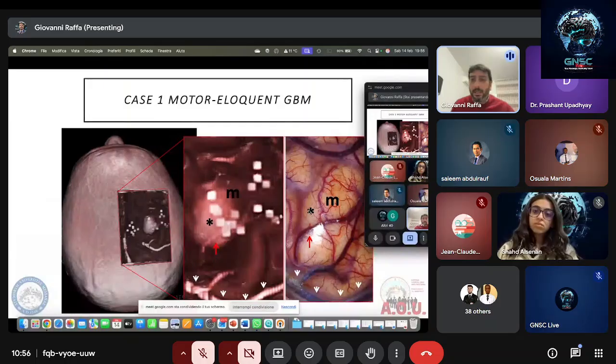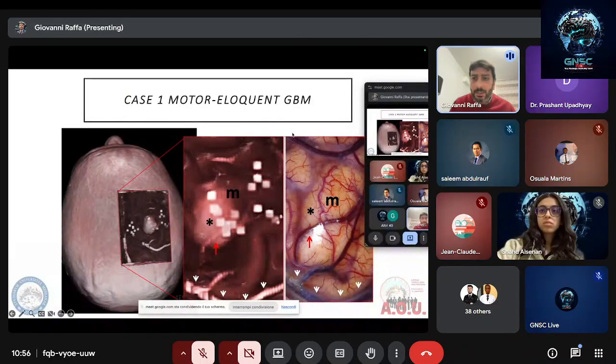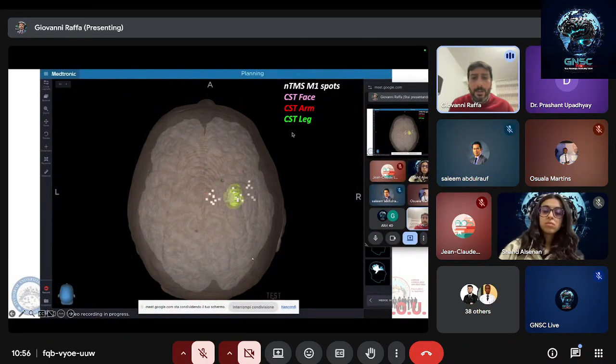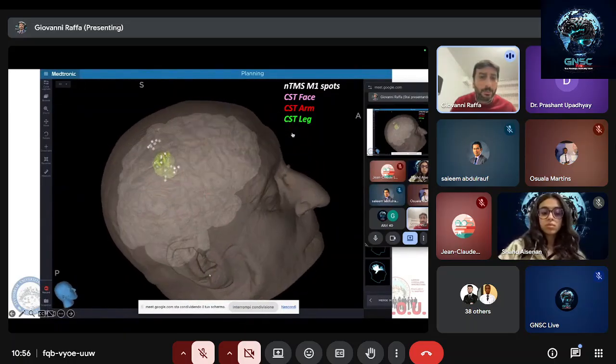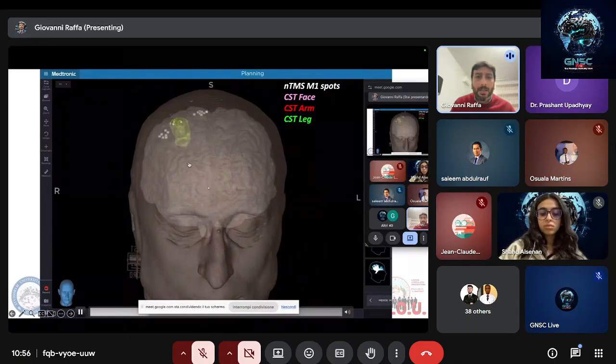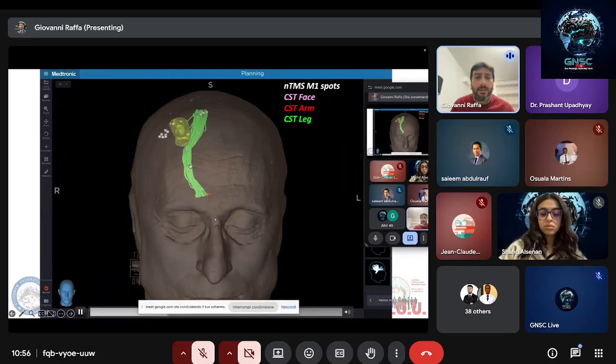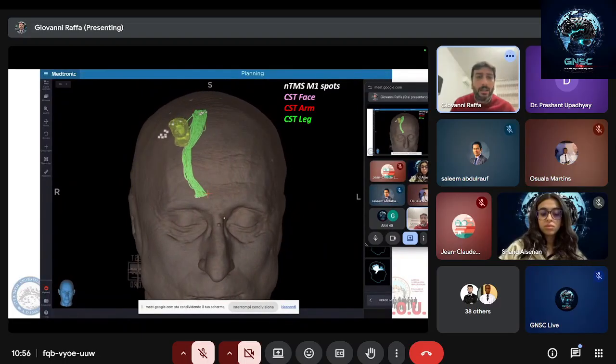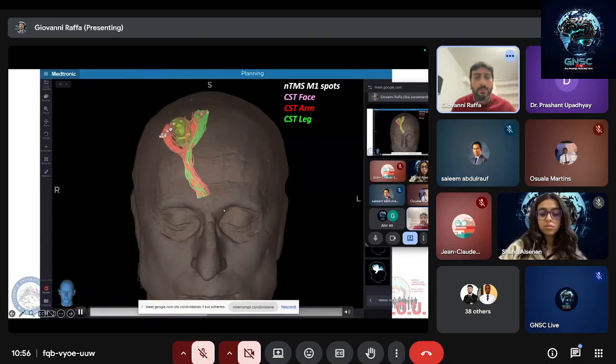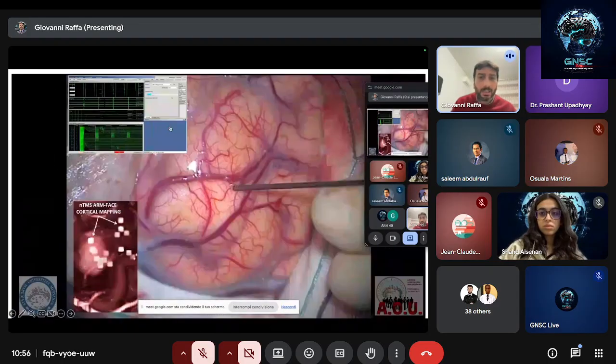So we can enter the OR, see what we have already seen in the preoperative planning, perform our mapping, our monitoring, and resect the lesion, trying to be as safe and as effective as possible. This is the preoperative planning, again, showing the relationship between the lesion, the NTMS cortical spots representing the motor cortex, and the corticospinal tract.